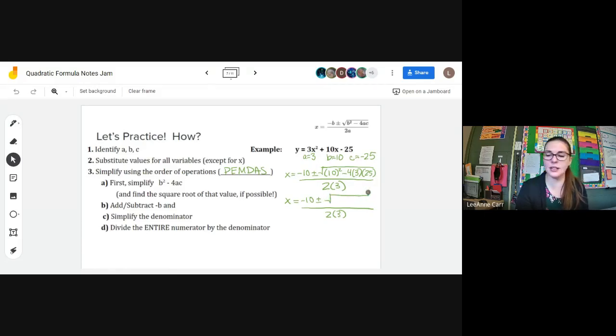So I got 10 squared, which is 10 times 10, 100. Minus, we got 4 times 3 times 25. Does anybody have that for me? Working ahead, anybody got that number for me?